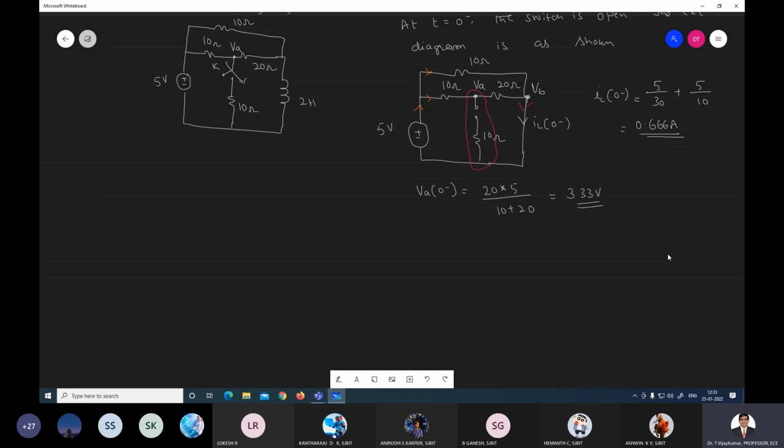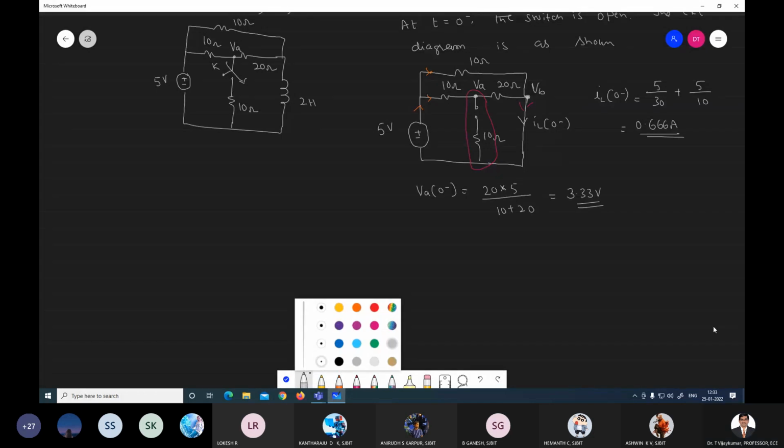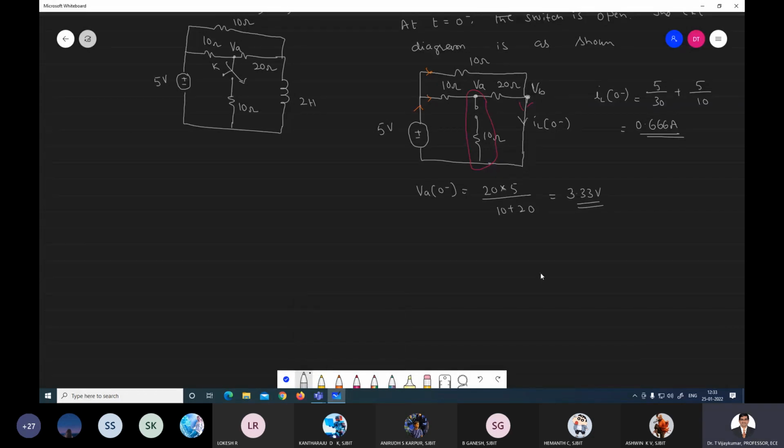Now at t equals 0 plus, write the circuit. What is the circuit? The switch is closed, and the resistance is there.